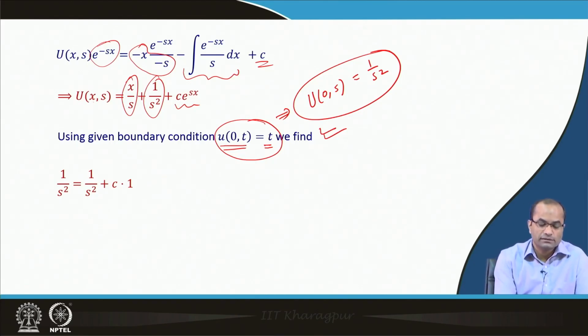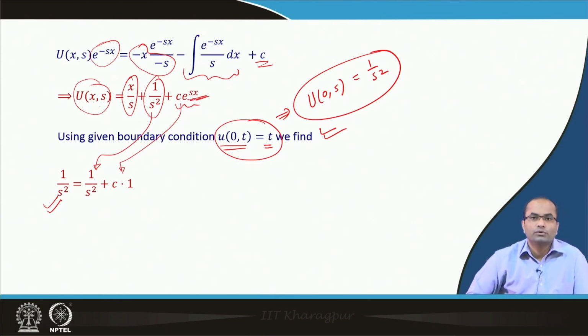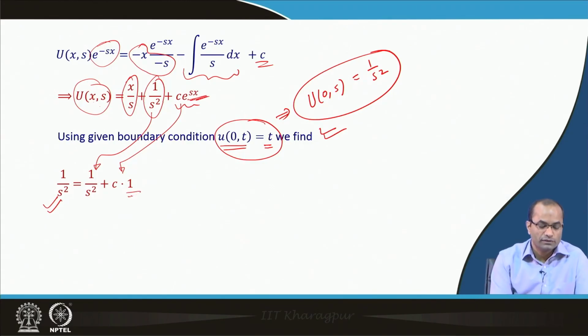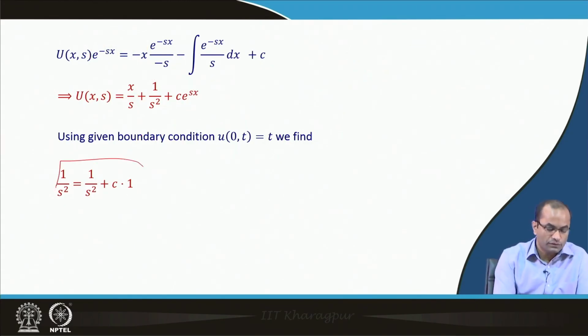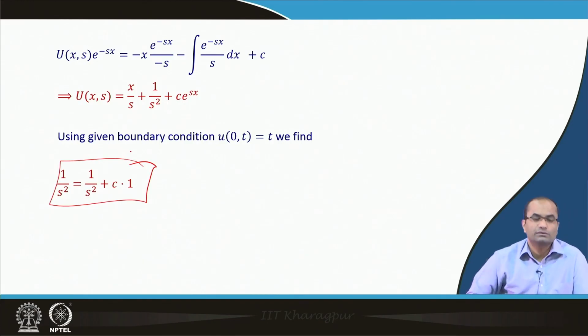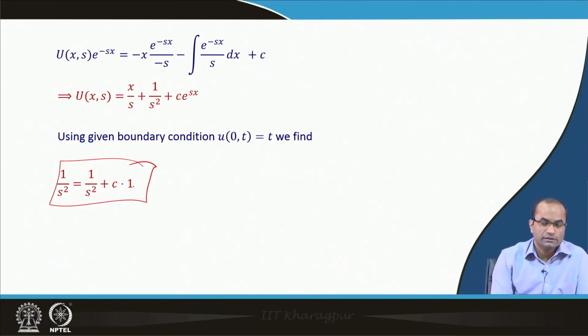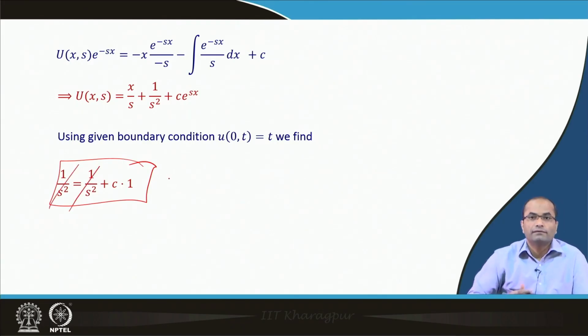U(0, s) is 1 over s squared, and x we have taken as 0, so that term disappears, and then c times e to the power s x, and putting x to 0 we have 1. So we have 1 over s squared equal to 1 over s squared plus c, and this cancels, so c equals 0.